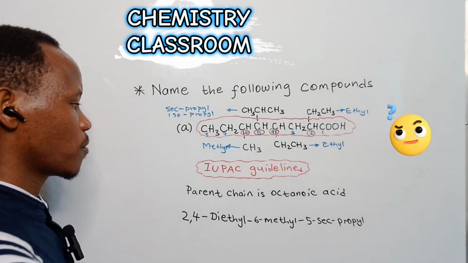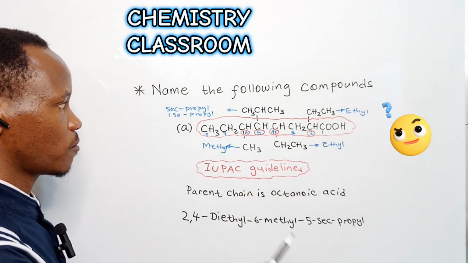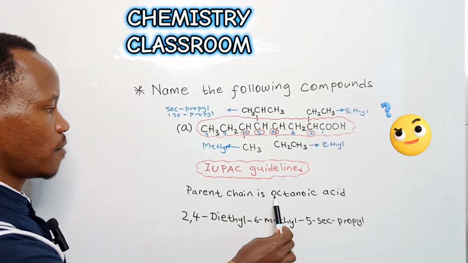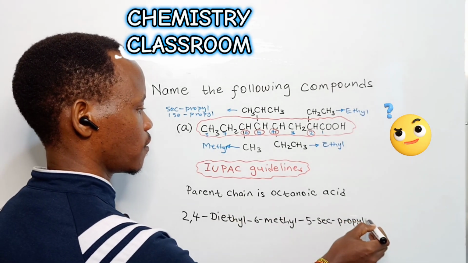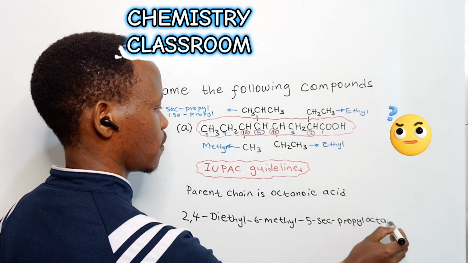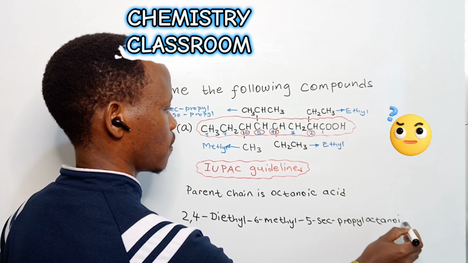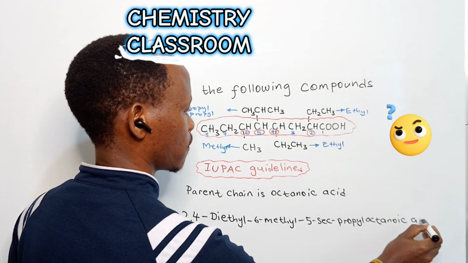At this point, we have already written all the names of the substituents. What is remaining is the parent name, which we said from here is octanoic followed by the word acid.